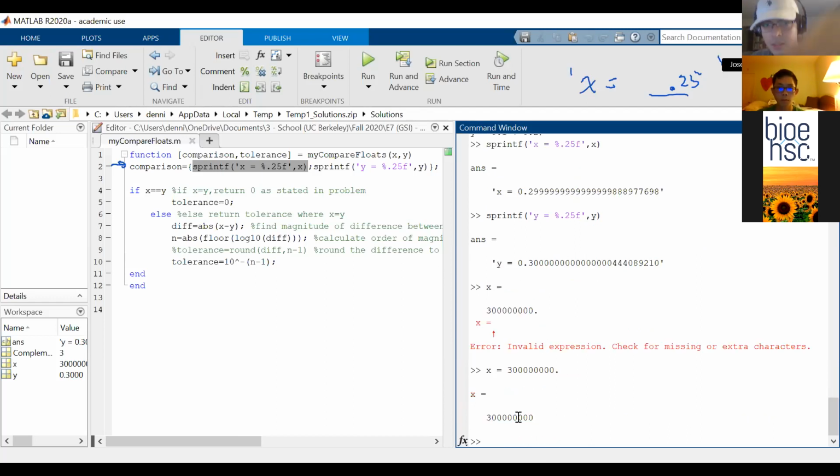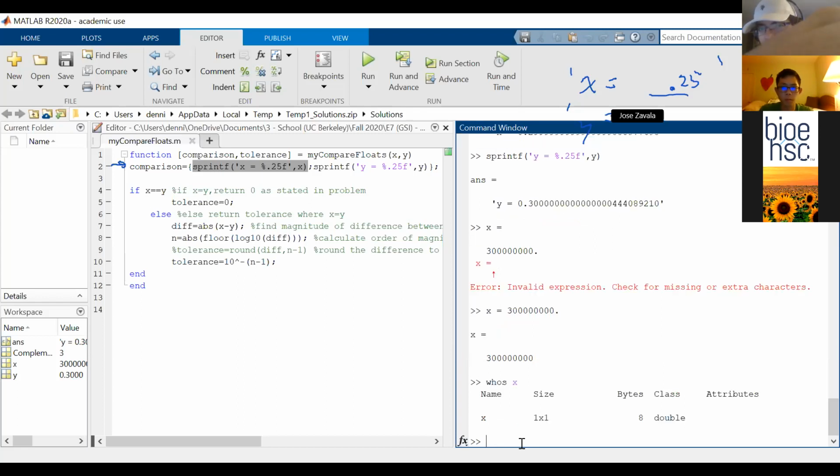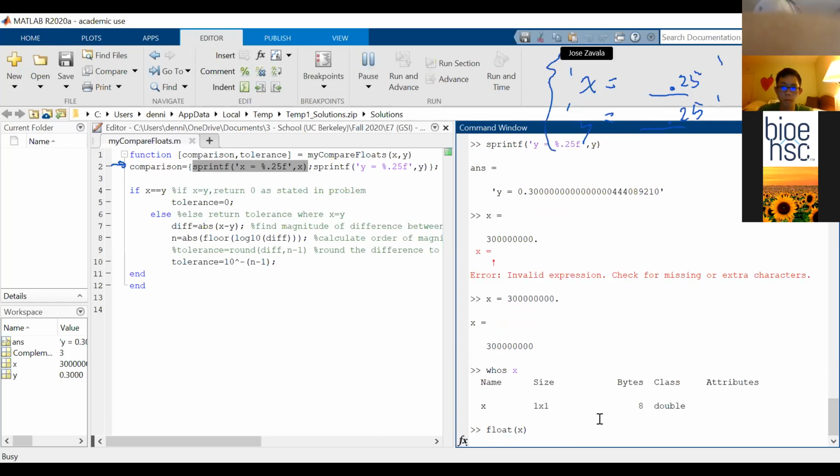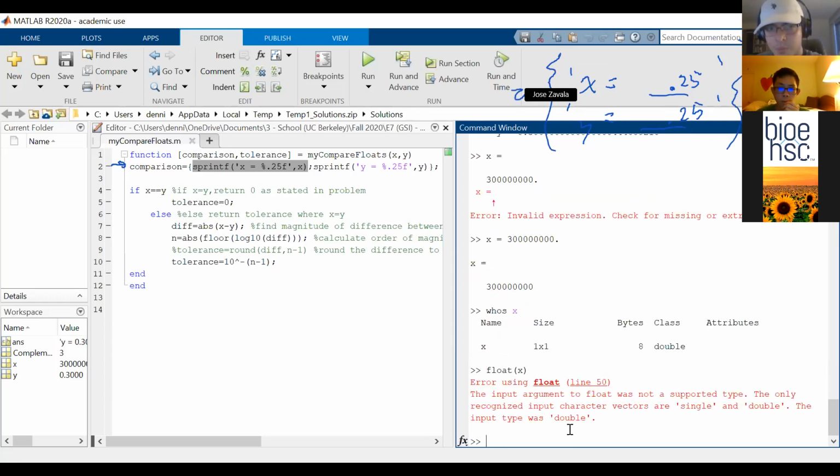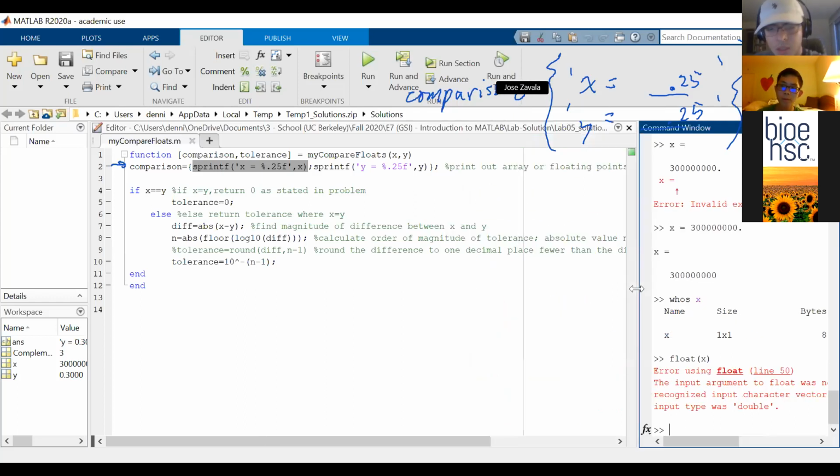This is the first text, and the second text will give you y equals whatever number it is with 25 decimals of precision. So this will be comparison. So just remember that. Hope you excuse my handwriting. I'm writing this on my laptop, and the screen is wiggly.